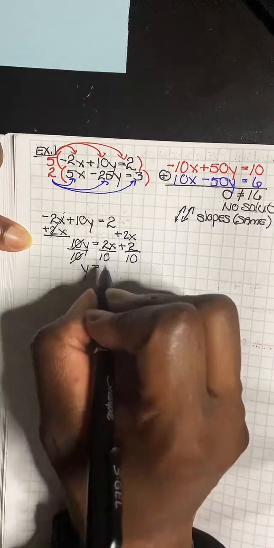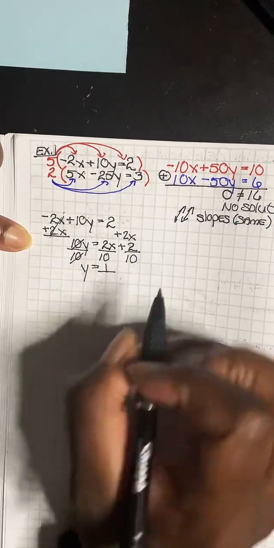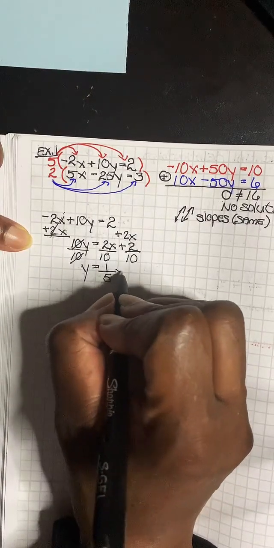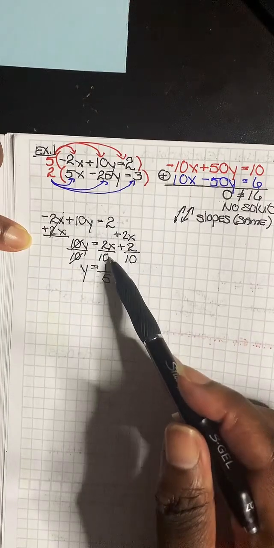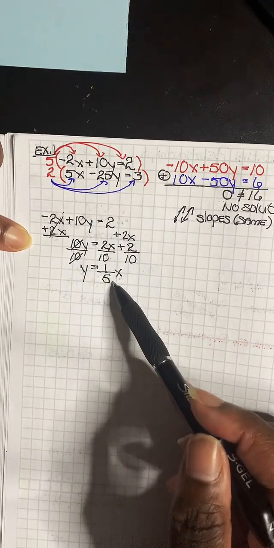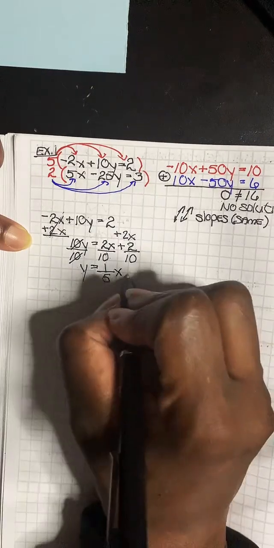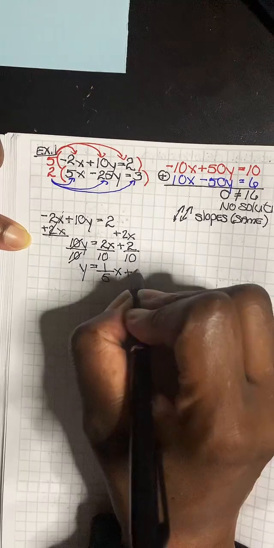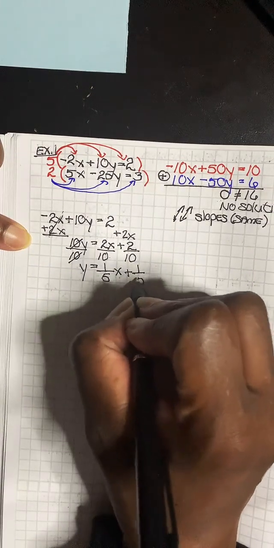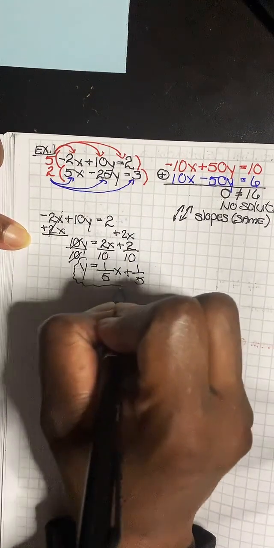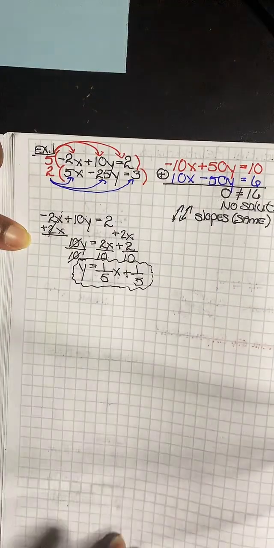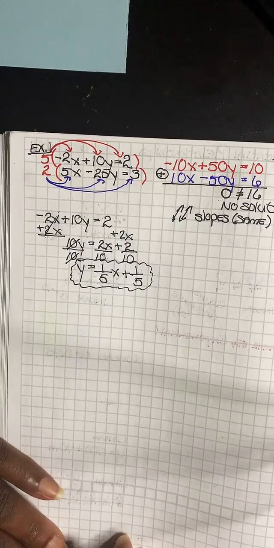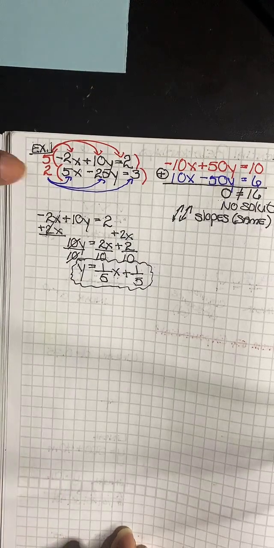So 2 divided by 2 will give me 1, and 10 divided by 2 will give me 5. So that's how I reduce 2/10 to 1/5. And of course, we have our plus sign, and the same situation with this 2/10 gives me 1/5. So that is one equation.